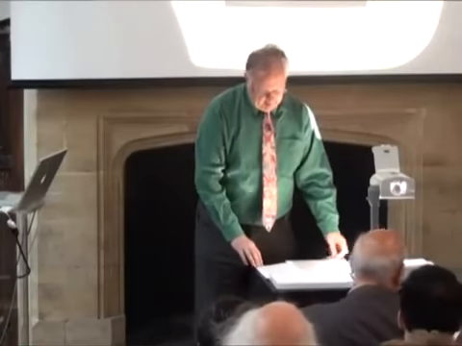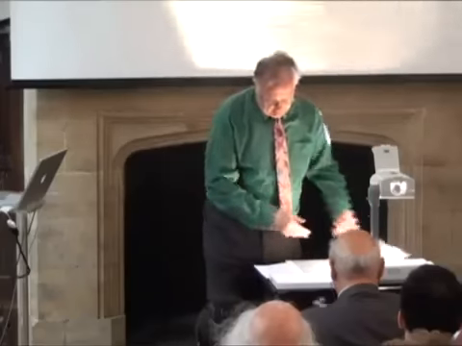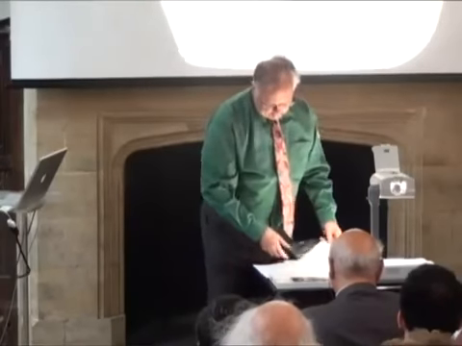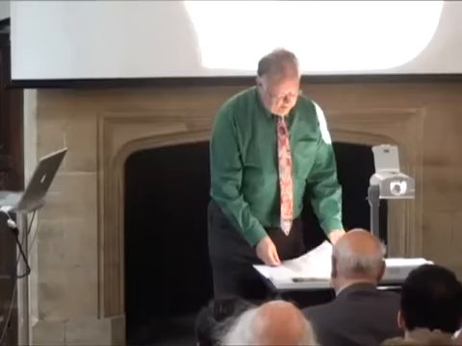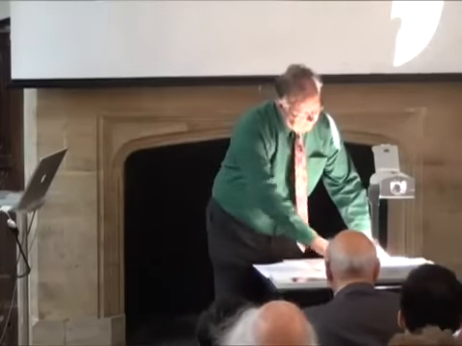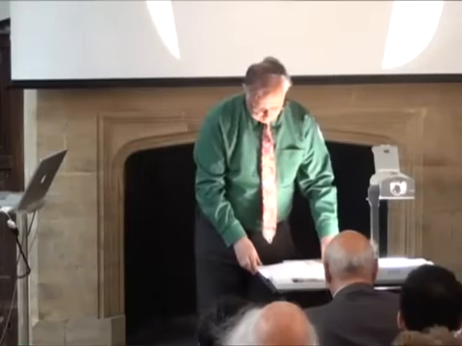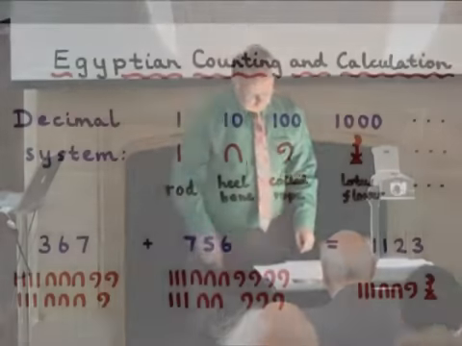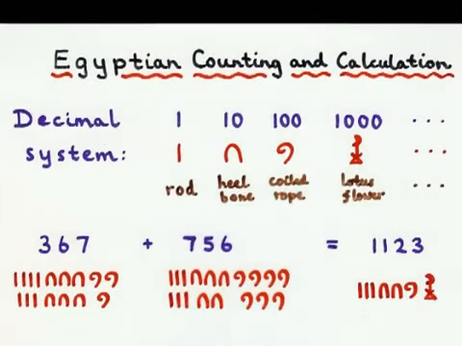So how did the Egyptians count? Well, like most counting systems, theirs was based on 10, but it used different symbols for 1, 10, 100, 1,000, and so on. It had a vertical rod for 1, a heel bone for 10, a coiled rope for 100, a lotus flower for 1,000, and so on.